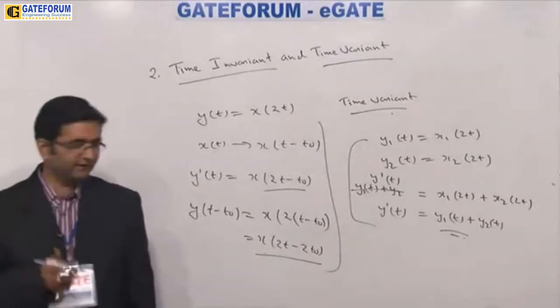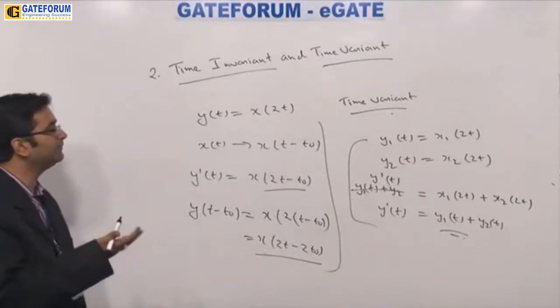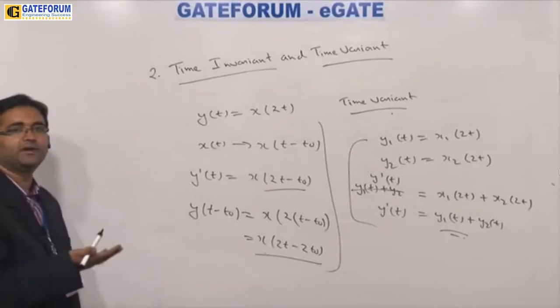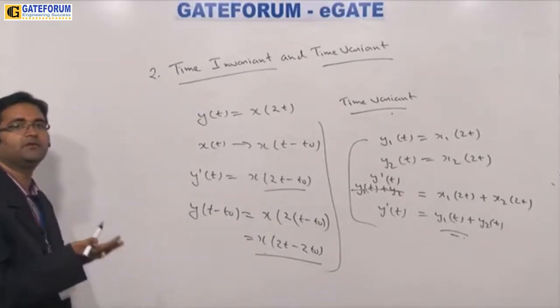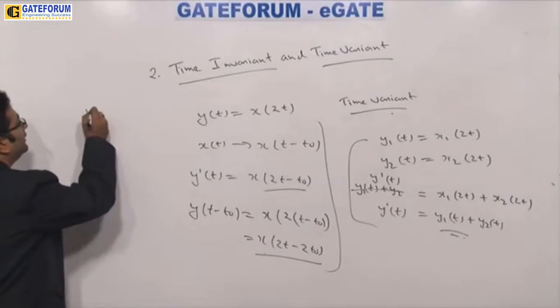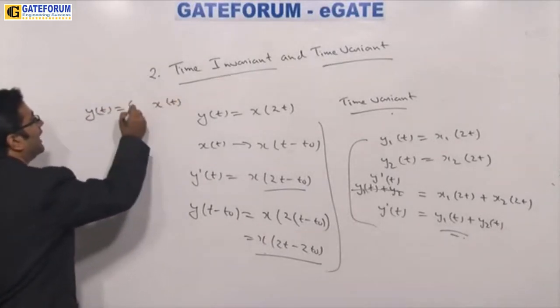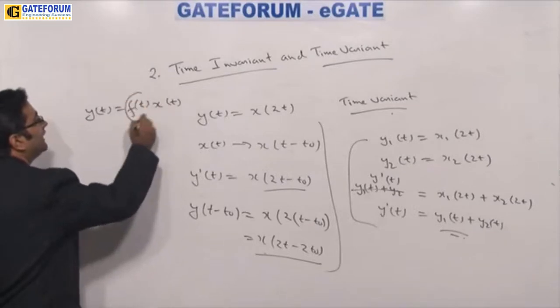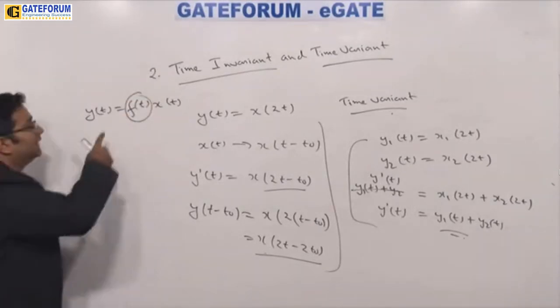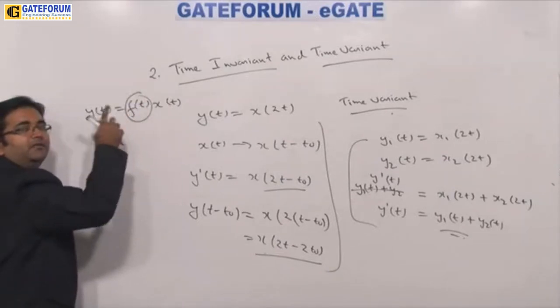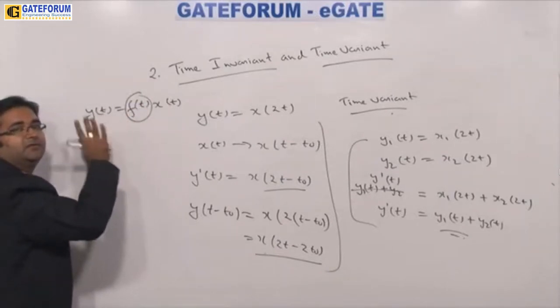This is the way to identify, but how, by just looking at the expression of the input and output, to identify whether the given system is time variant or time invariant? See this. If input and output are related by some function of time, it is going to become a time variant system.